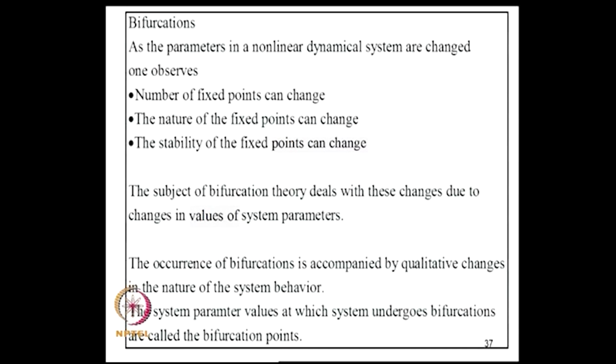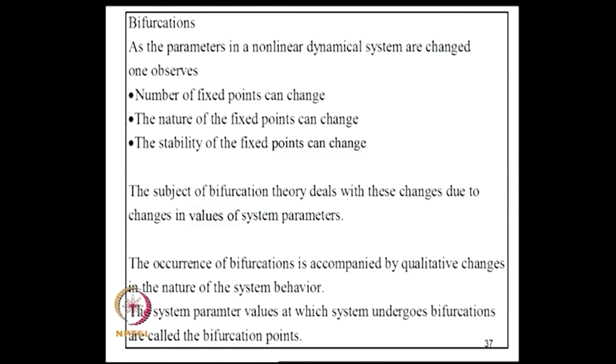Now, we use the term bifurcations. What does this word mean? Nonlinear or dynamical systems are characterized by fixed points and their stability characteristics, and also the nature of the fixed points, for example nodes, saddle or focus, and whether they are stable or not.